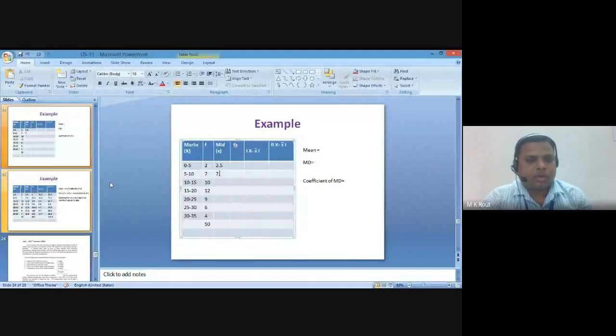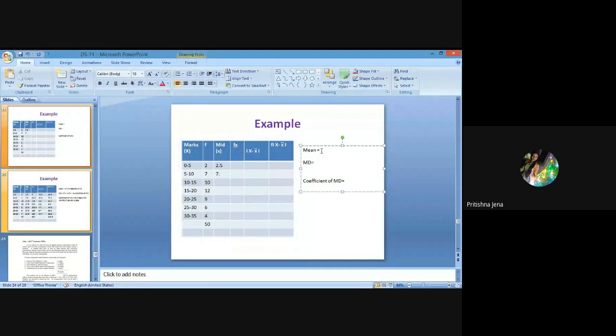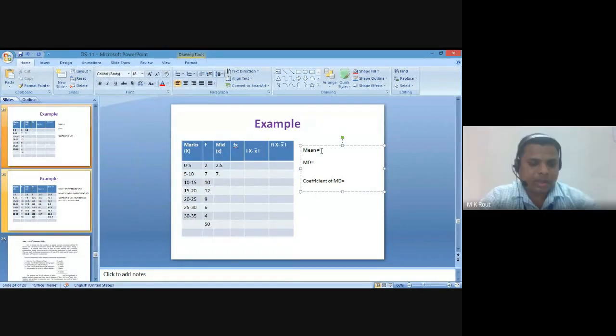Then after, you go for the calculation of the mean. What is the formula for the mean here? Summation of fx divided by n, that is 890 divided by 50.